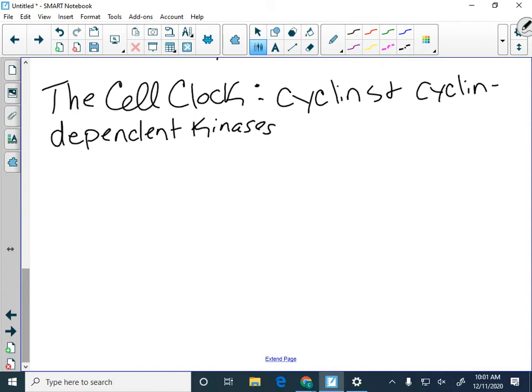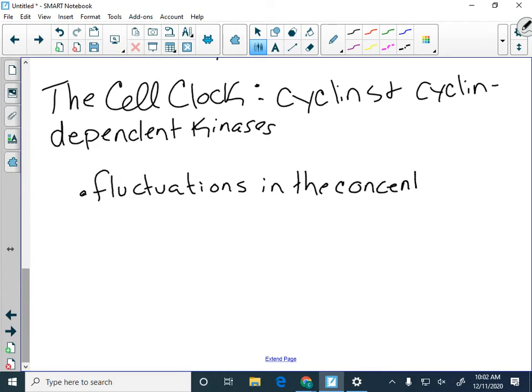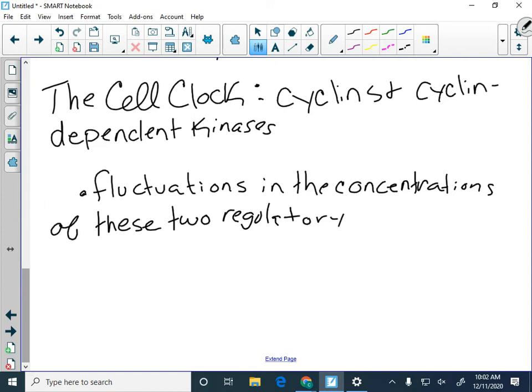Yes, fluctuations in the concentrations of these two regulatory molecules control the cell cycle.